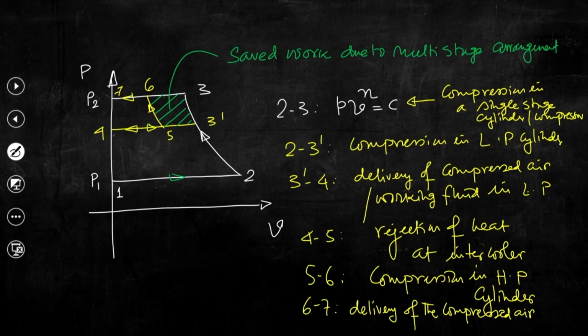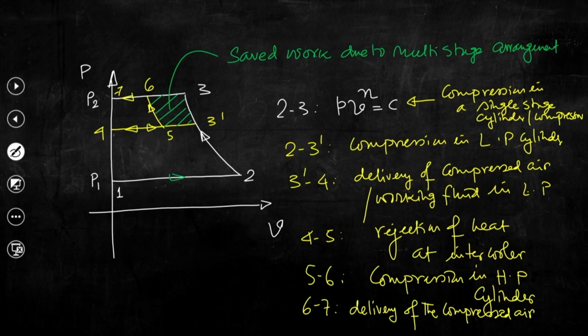Had we not performed the compression process by using multi-stage compression, we would have certainly got pressure at the end of the compression, that is P2, but in that case this much amount of additional work would have been needed to be supplied to the compression.